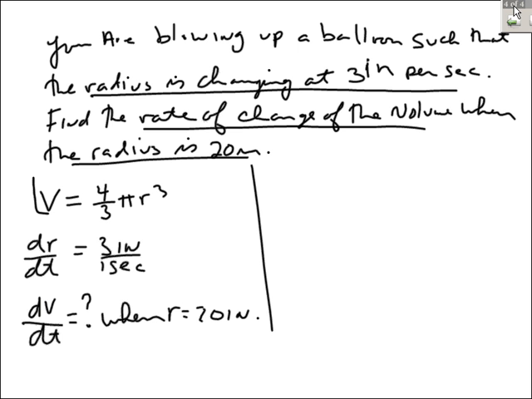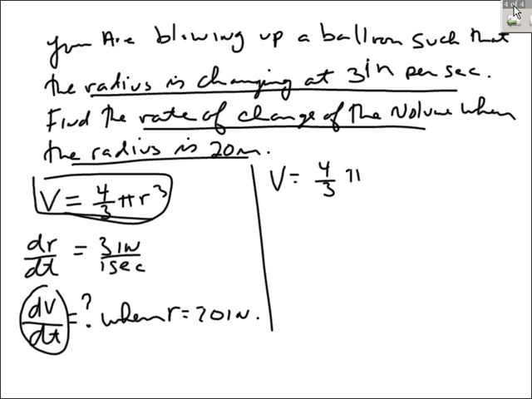So let's see. They want us to find dV/dt. So I take the derivative of both sides with respect to t. V is equal to 4/3 pi r cubed. The derivative of V is 1 times, in terms of V, and we're taking the derivative with respect to t, or time.